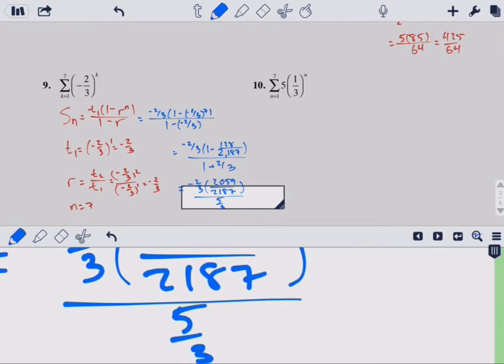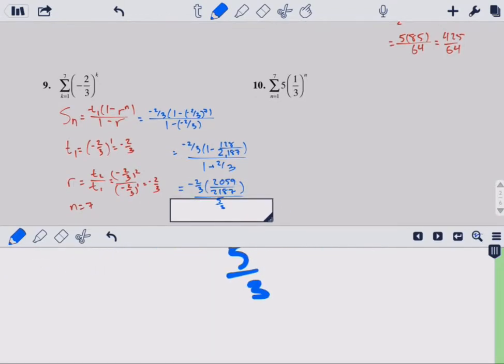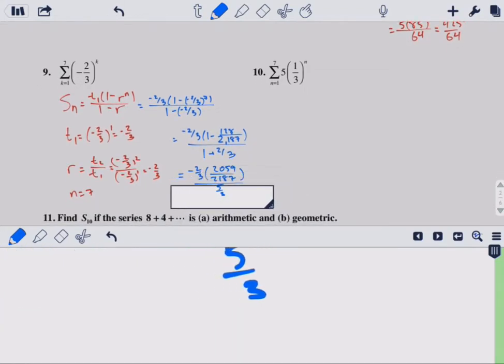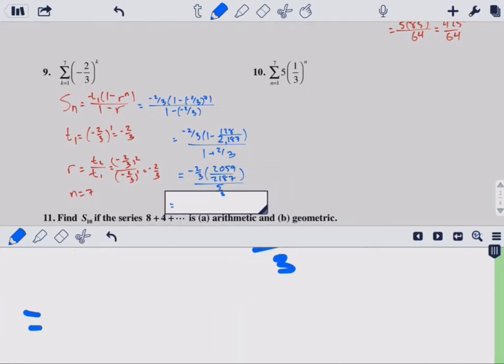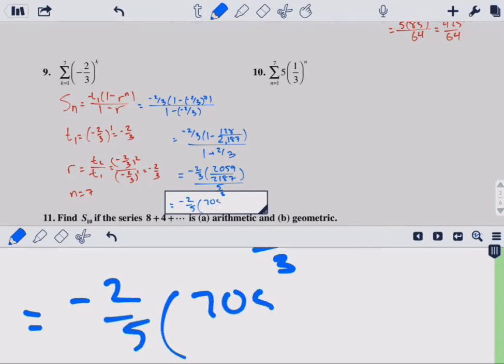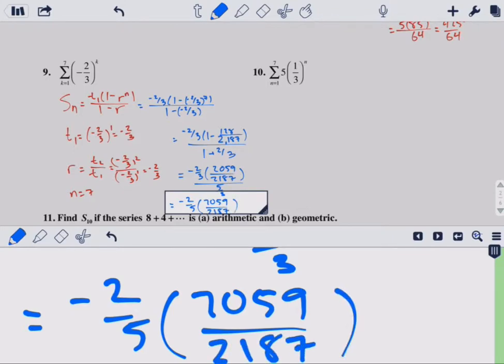The thirds cancel. Okay, so that's the same thing as negative 2 over 5 times 2059 over 2187. That doesn't simplify, so we just multiply it out.